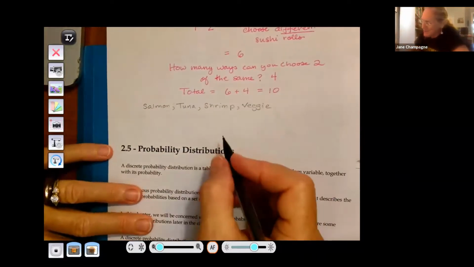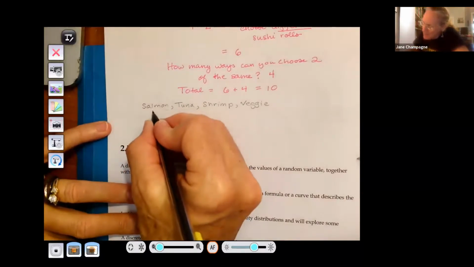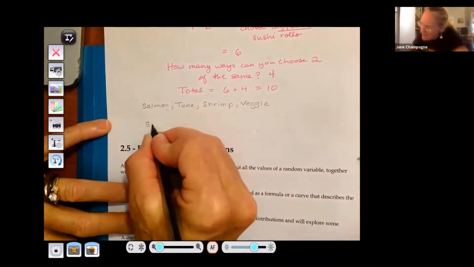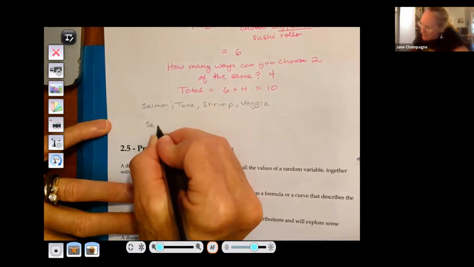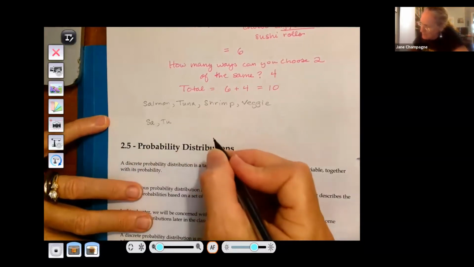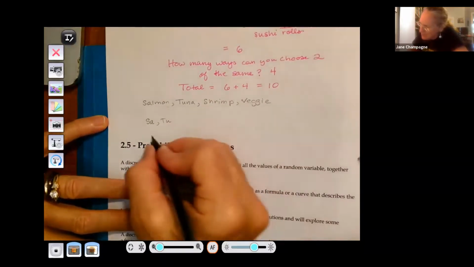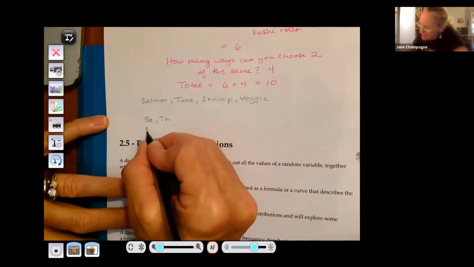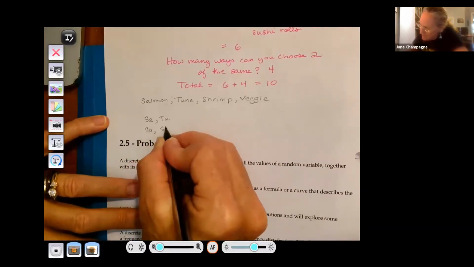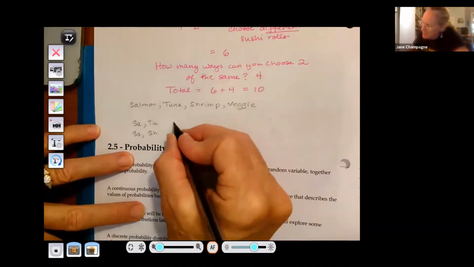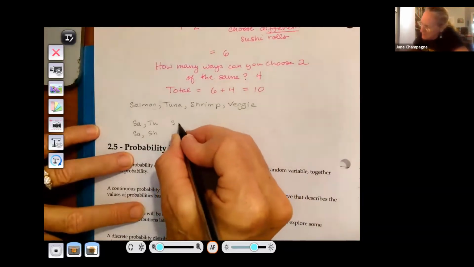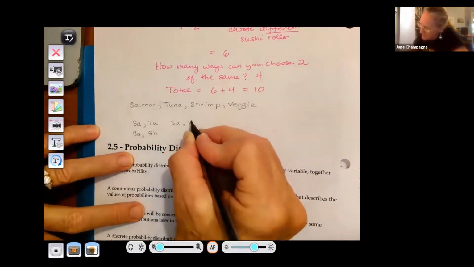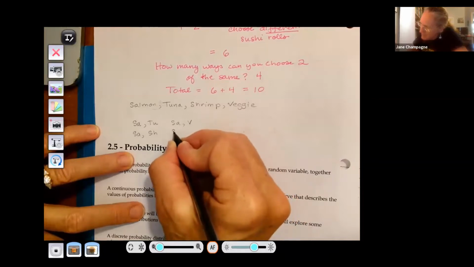You could do salmon and tuna, salmon and shrimp, salmon and veggie, or you could have both salmon.